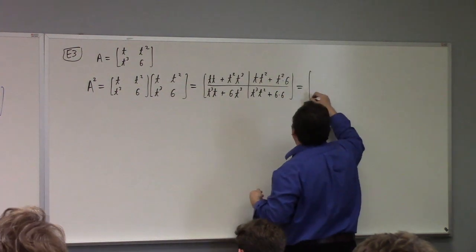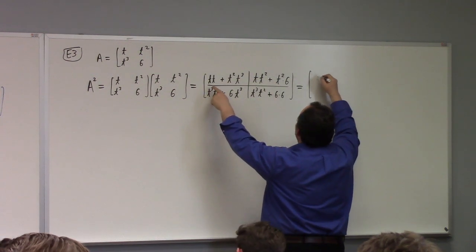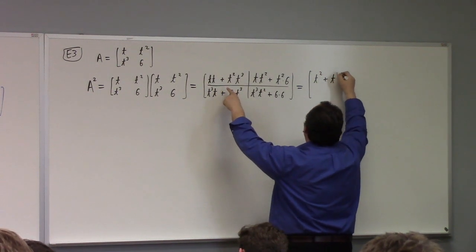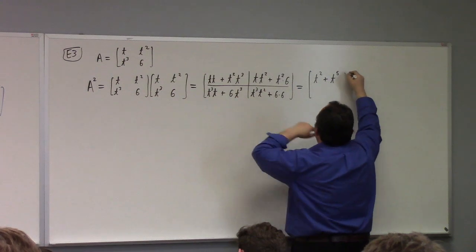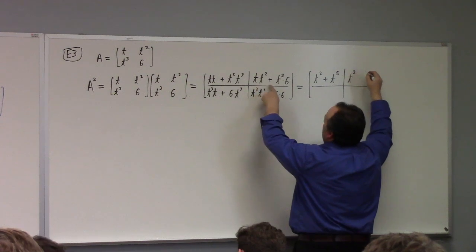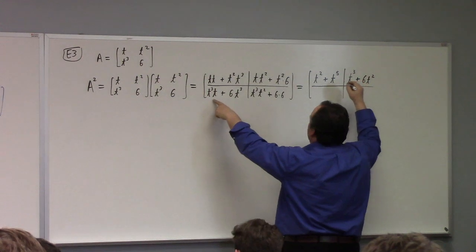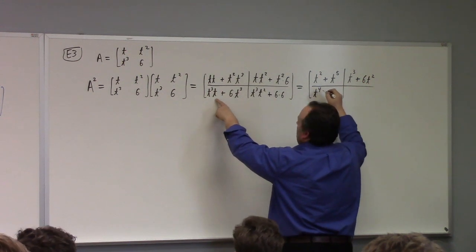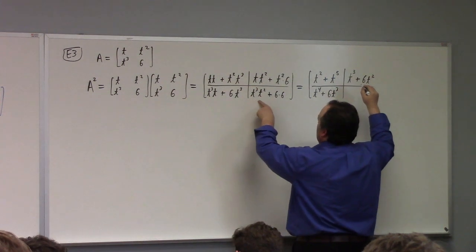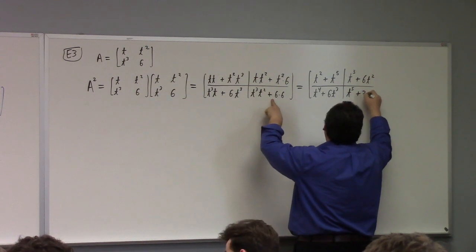So if I haven't made a silly mistake, we've got ourselves t squared plus t to the power 5, and what else goes here? t cubed plus 6t squared, t to the 4th plus 6t cubed, and t to the 5th plus 36. All right, great.